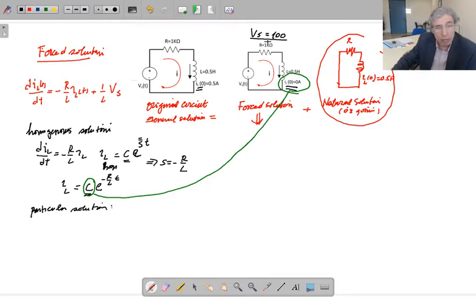How am I going to find a particular solution? I know the particular solution is the solution in the form of the independent source. So the particular solution is going to be IL equal to a constant.